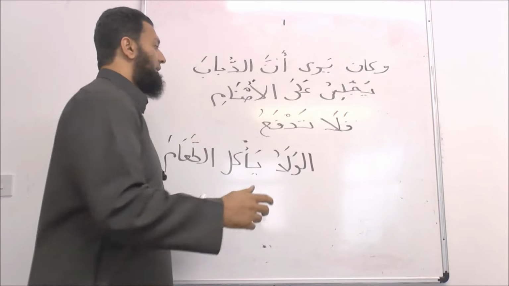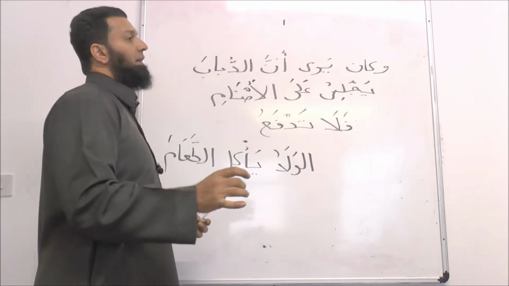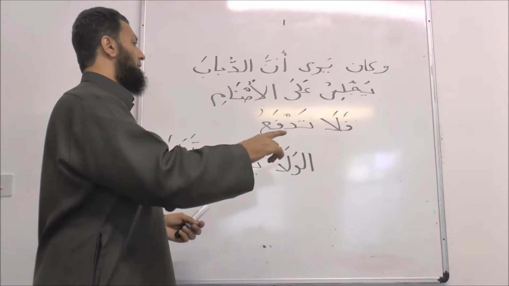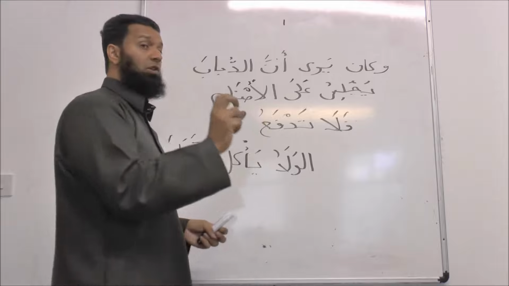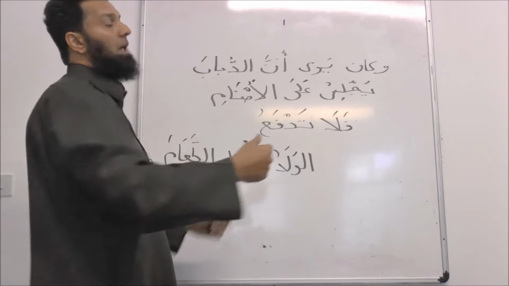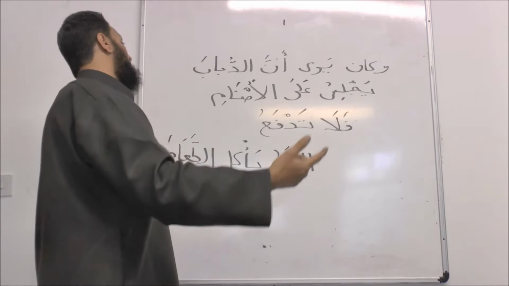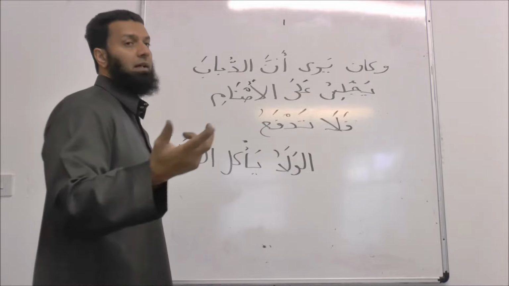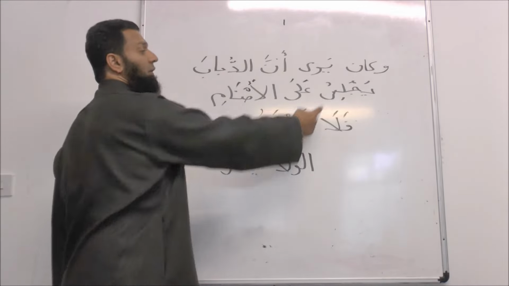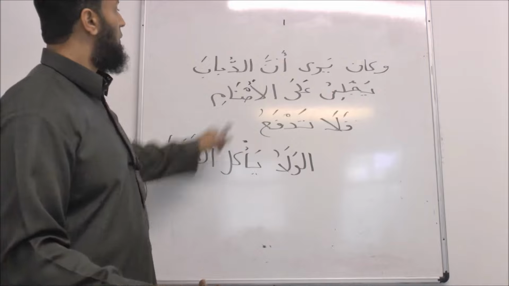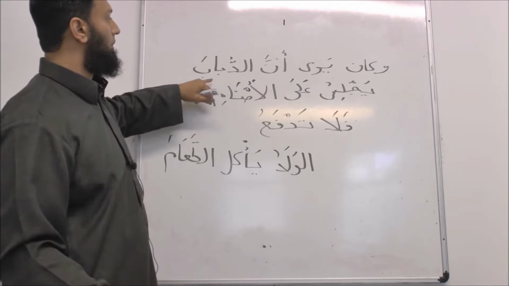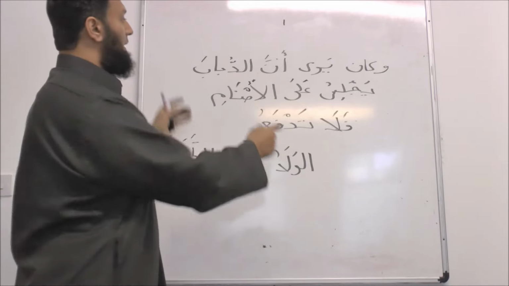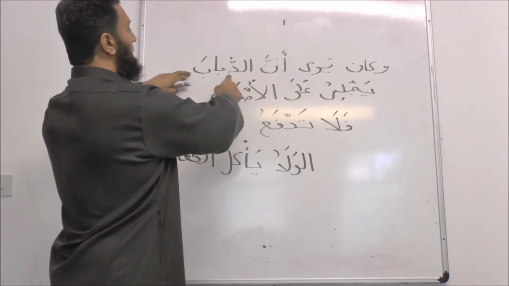But the point is that we recognize the beginning and the start of the sentence in isolation, like here, by the indicator whether it's now a jumlatul fi'liya, one which begins with a fi'lun, or a jumlatul ismiya, one that begins with an ismun. So here, where is al-dhubab?